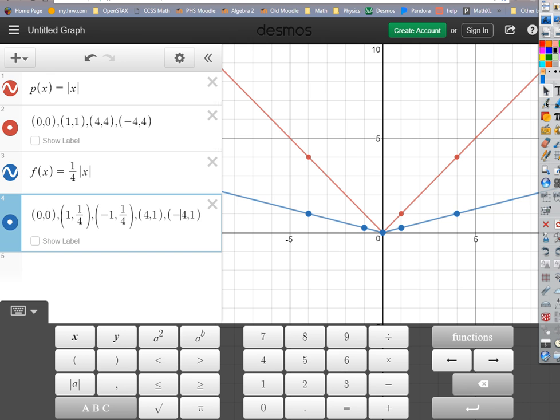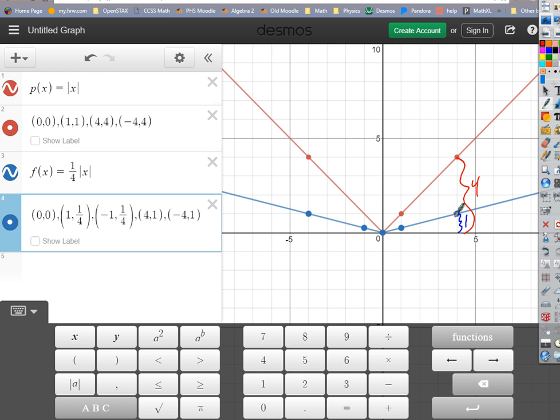So what used to be a vertical distance of 4, we multiplied by 1/4, and we got back instead a distance of 1. So what does that mean? Well, we've just compressed that down, so it's only 1/4 as high as it used to be, right?